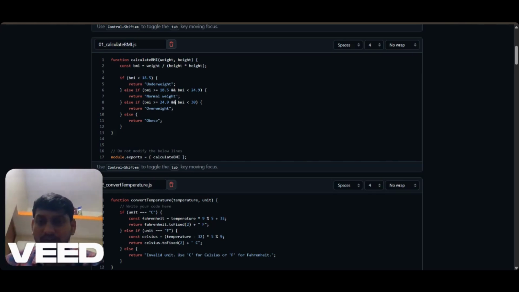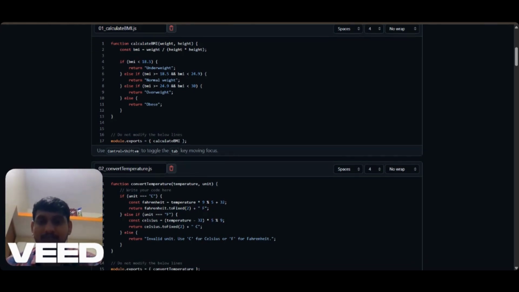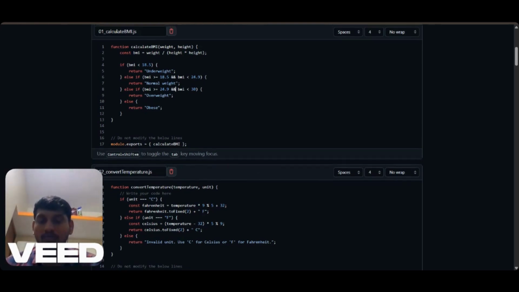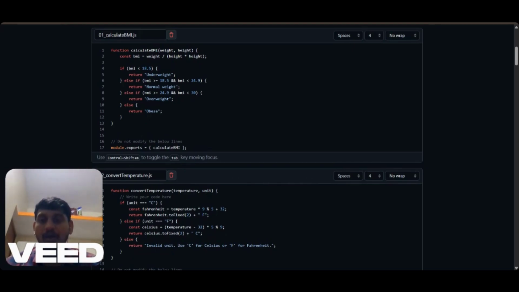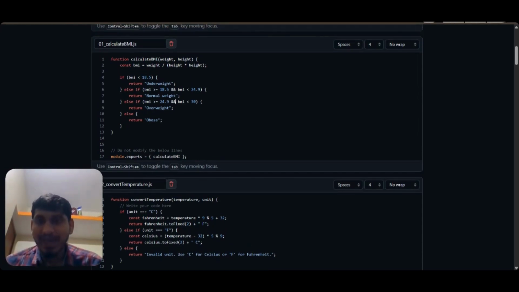For this, the time complexity is O(1) and the space complexity is O(1), because we are using direct values, a constant value. The space complexity is O(1) because we are not using any extra space; we are only using one constant, that is BMI.